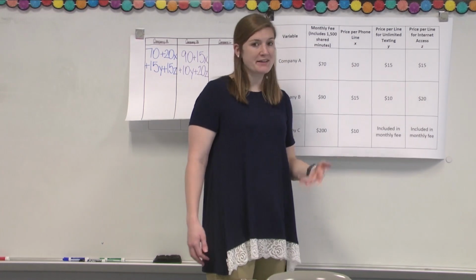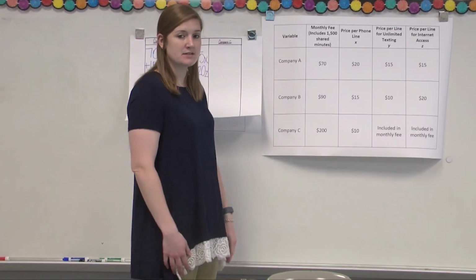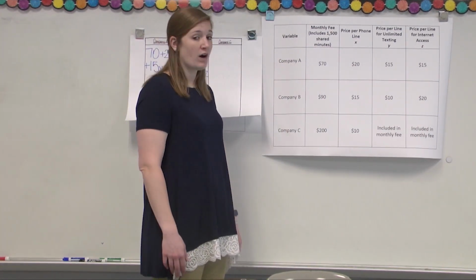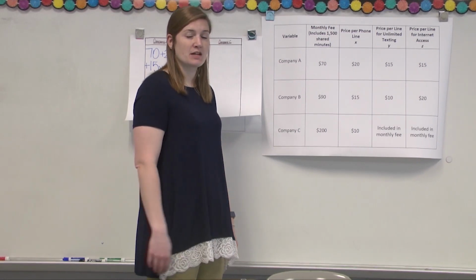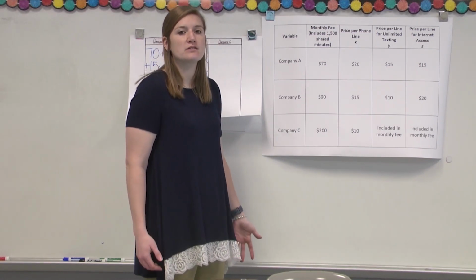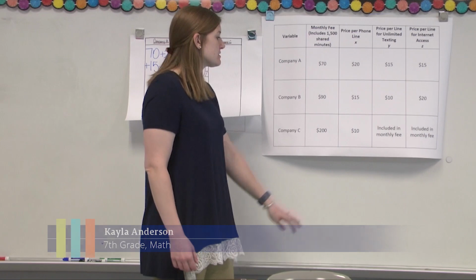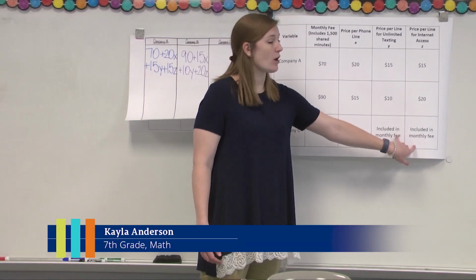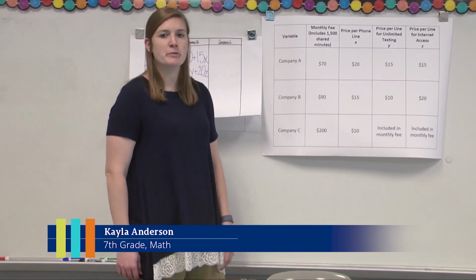So your job, again, is to write an expression for Company C using the variables x, y, and z in order to represent what they're going to charge us. Now, be careful with this one. It's a little bit trickier since these two options are included in the monthly fee. I'm going to pause and let you go ahead and write an expression for Company C.